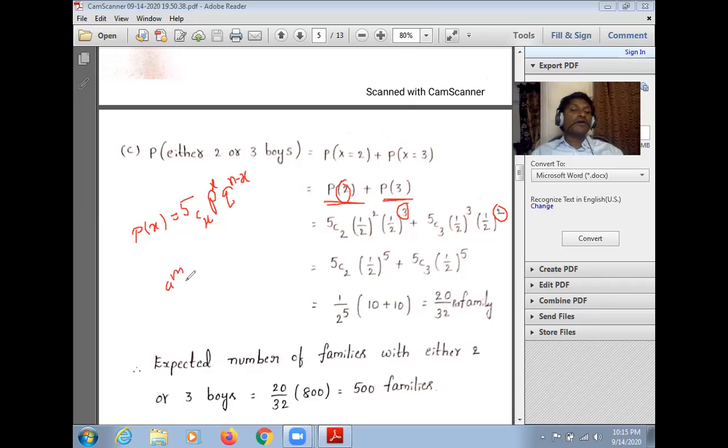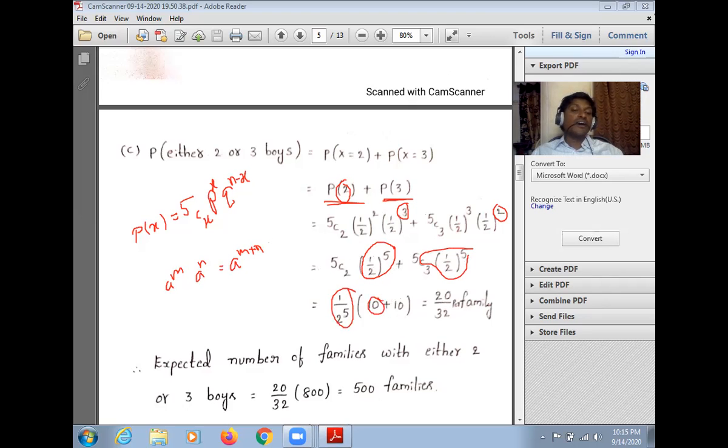What is the formula for this? A power m into a power n is equal to a power m plus n. So we applied this here. 2 plus 3 is nothing but 5, so 1 by 2 whole power 5. In the same way here also, 1 by 2 whole power 5. In these two terms, 1 by 2 whole power 5 is the common one. That one we took common here, and 5c2 is nothing but 10.